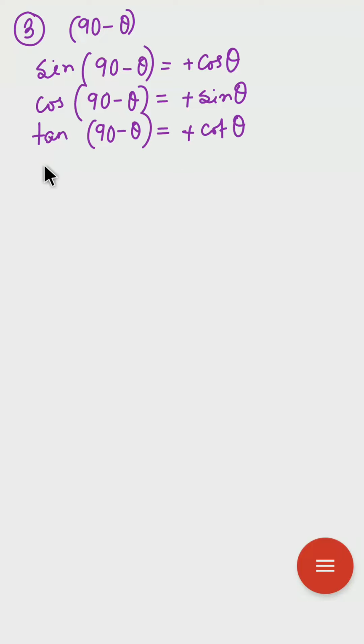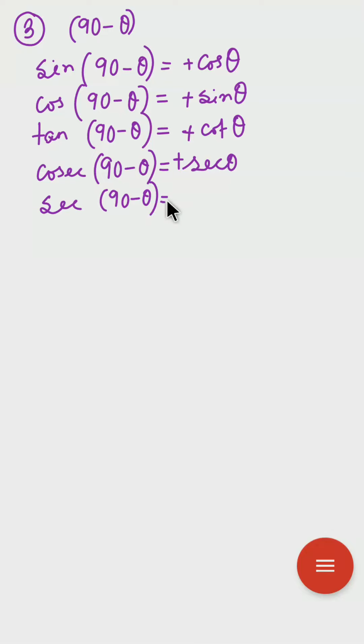Similarly, we can write cosec 90 minus theta is equal to sec theta, of course with a plus sign. Sec 90 minus theta is equal to cosec theta, and cot 90 minus theta is equal to tan theta. All of them positive.